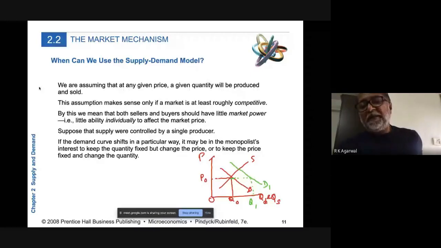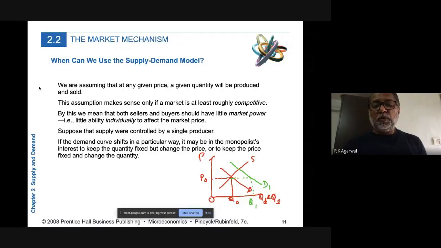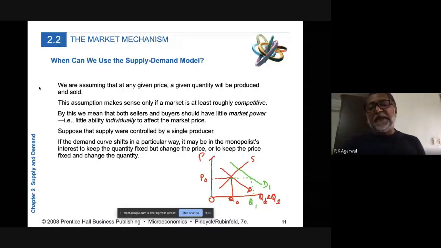So the point that we are trying to emphasize is that if you do not have a competitive market, then it is quite possible that the monopolist may keep quantity fixed but change the price, because it has the power to change the price, or it can keep the price fixed because it has the power to let the price not change but can change the quantity.